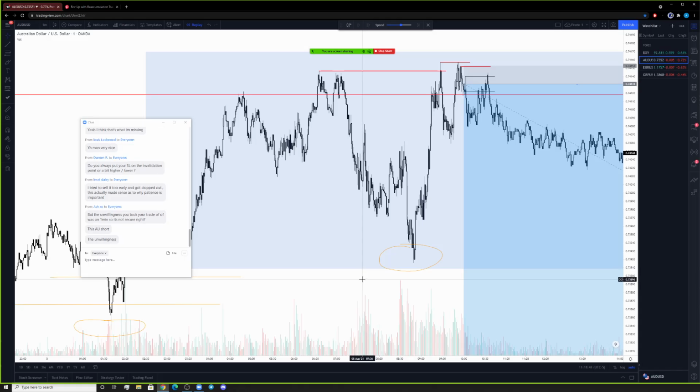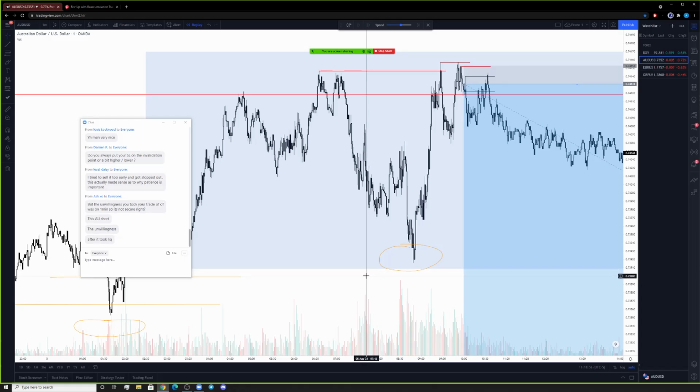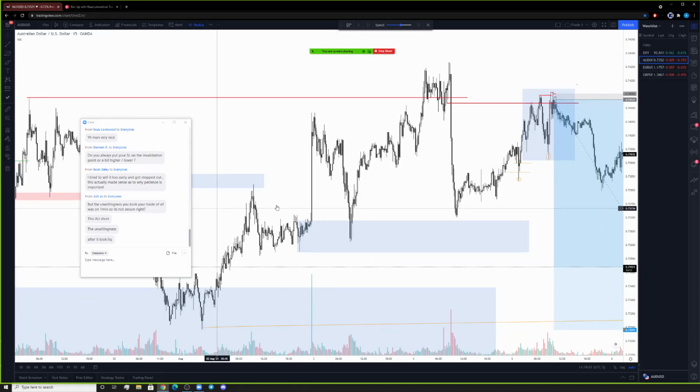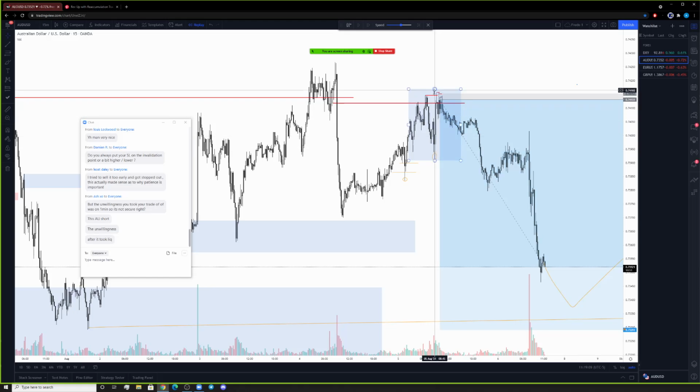Which unwillingness? There's two sets of unwillingness. So why is this not secure? See, you're trying to complicate this now, because this unwillingness was based on the M15 unsubstantial new high.